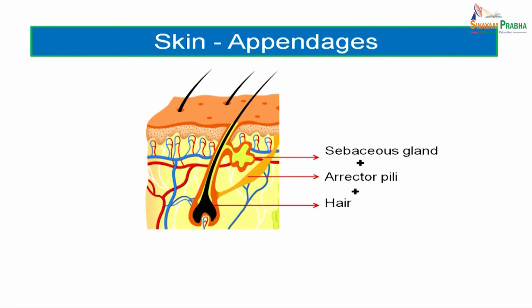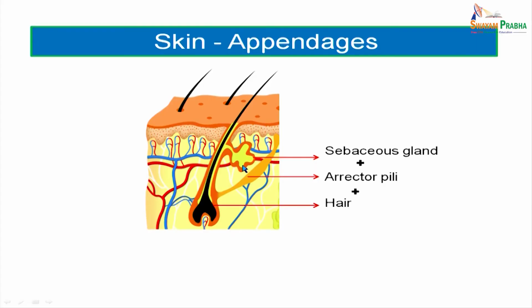And each sebaceous gland is a cluster of cells present as alveoli, okay? And the superficial cells of these are flattened in nature, but as you go from the superficial zone to the inner aspect, the cells become more and more rounded, and the centralized cells are filled with secretions which are poured onto the hair follicle.